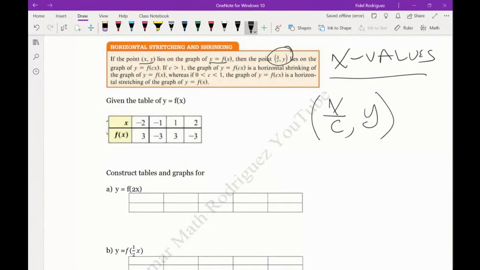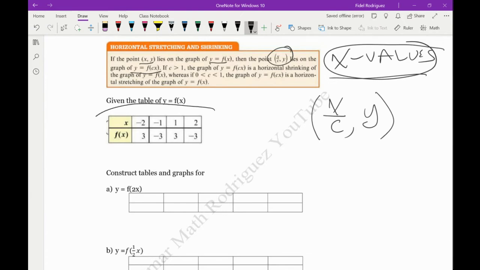So what changed? The X number. It used to just be x and y, but now it's x being divided by some number. So my X value is changing. That's why we said the X values change, right? It is going to be on the graph of y equals f of c times x, okay? Again, c is just some number. That number c could be 7. That number c could be 1/2. We'll figure it out in a second.